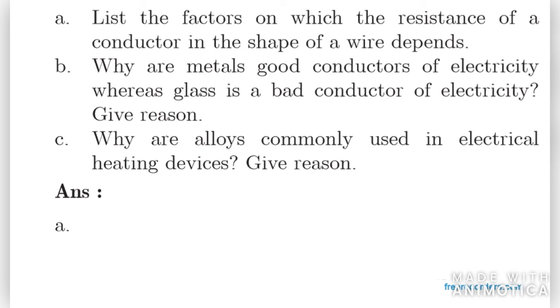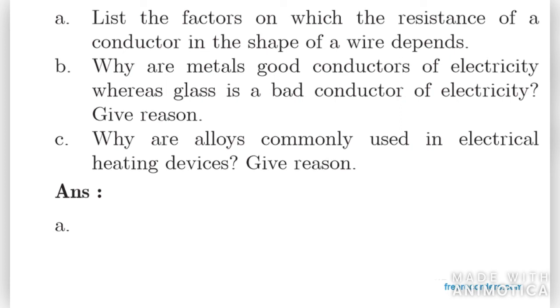Then we have question number 25, or part of question number 24. It says list the factors on which the resistance of a conductor in the shape of a wire depends. So you can write length. Length is directly proportional to resistance and area is inversely proportional to the resistance. Then we have why metals are good conductors of electricity, whereas glass is a bad conductor of electricity.